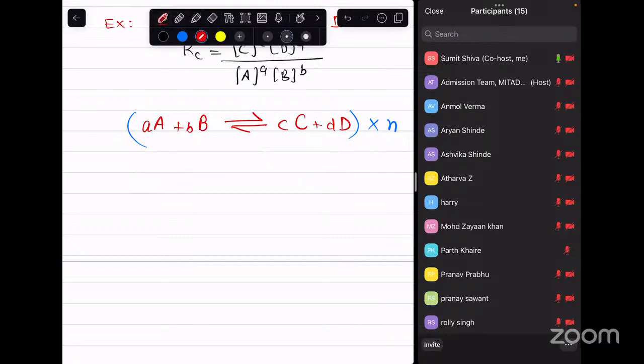So if you are multiplying a chemical reaction which is in equilibrium by some factor alpha, n, or whatever it is, in that case, Kc new will be Kc old raised to power n. So the multiplying factor will come into the power.